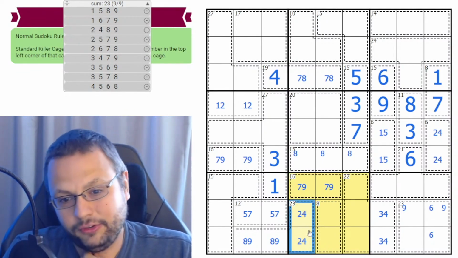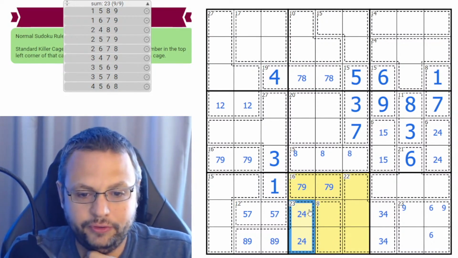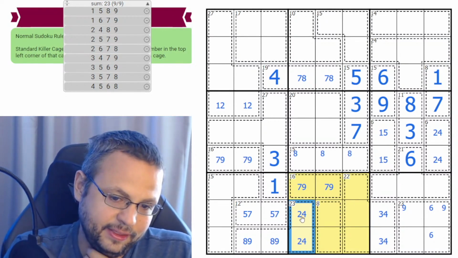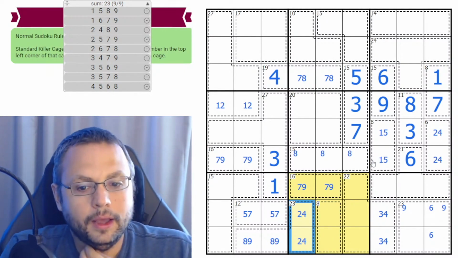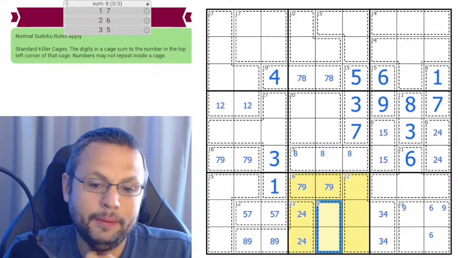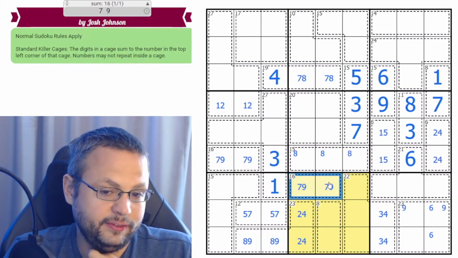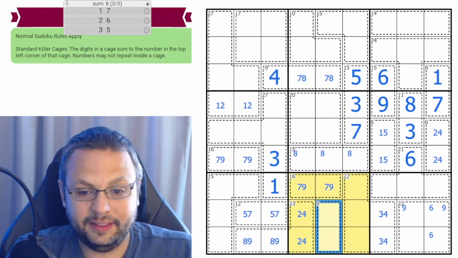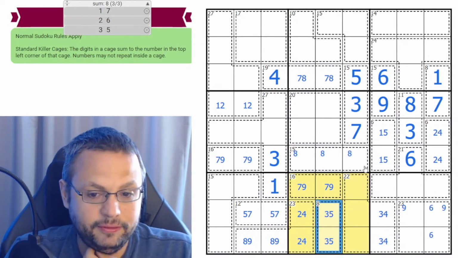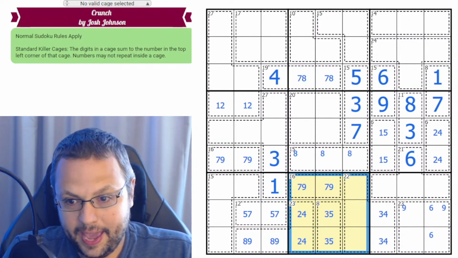So in fact, actually, we've sort of backed our way in to figuring out that this 23 cage is a 2, 4. And now we know what the 8 cage is. Because the 8 cage is not a 2, 6, and it's not a 1, 7. So the only other low digits that's left is that this is a 3, 5. And so we get that.